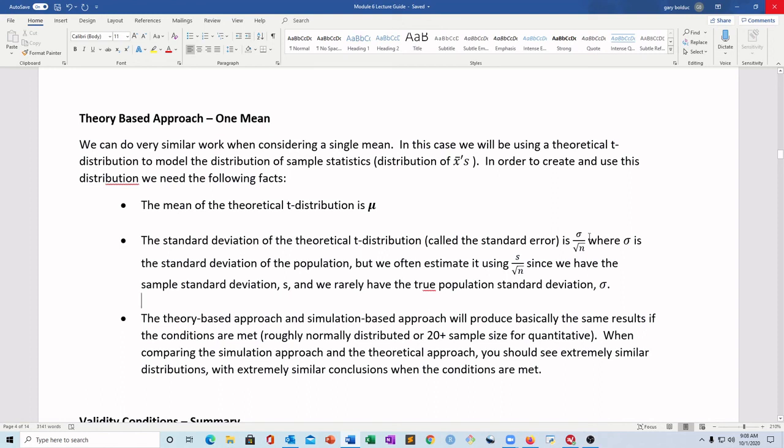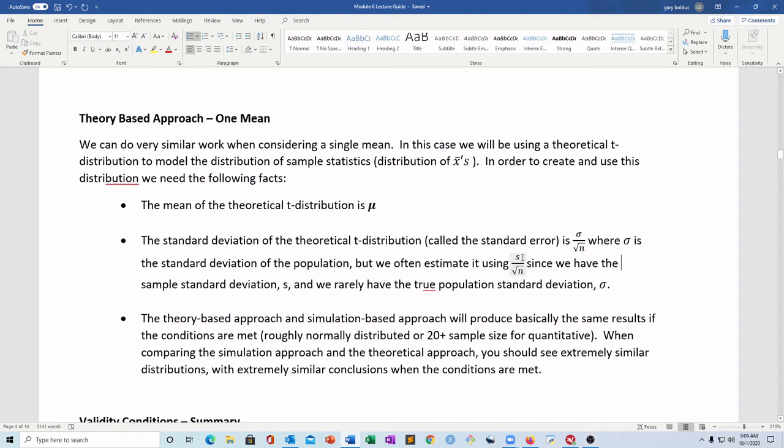But we don't often know this value. This is a population parameter. It's a standard deviation, but that's still a population parameter. We don't know how to get this most of the time. So instead, we use little s over square root of n, where little s is our sample standard deviation.